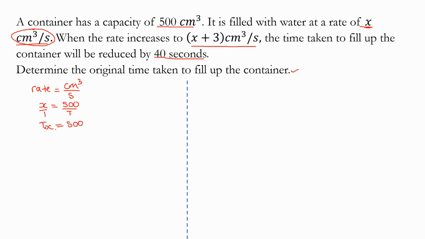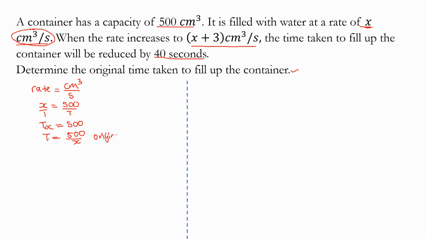Whichever method you use, t is equal to 500 divided by x. So for the time, we divide the volume or capacity by the rate.